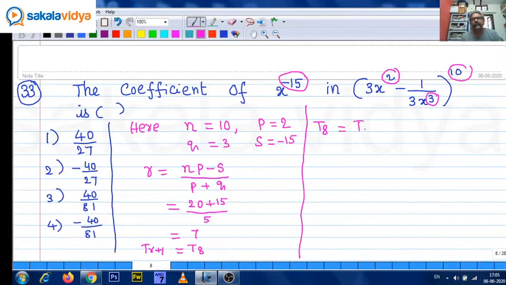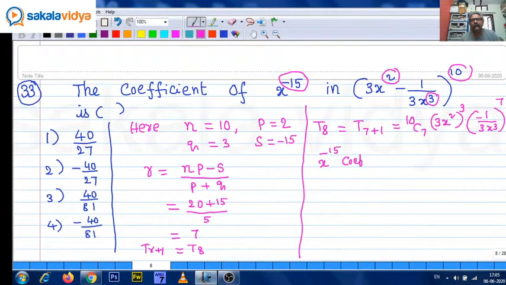This can be written T(7 plus 1), which is 10c7 (3x square) to the power of 10 minus 7, that is 3, times (minus 1 upon 3x cube) whole to the power of 7. So now we need the x to the power of minus 15 coefficient, which equals 10c7 3 cube times minus 1 to the power of 7.